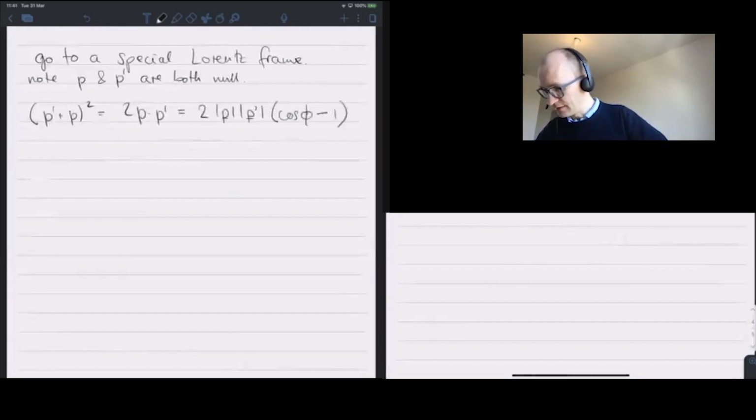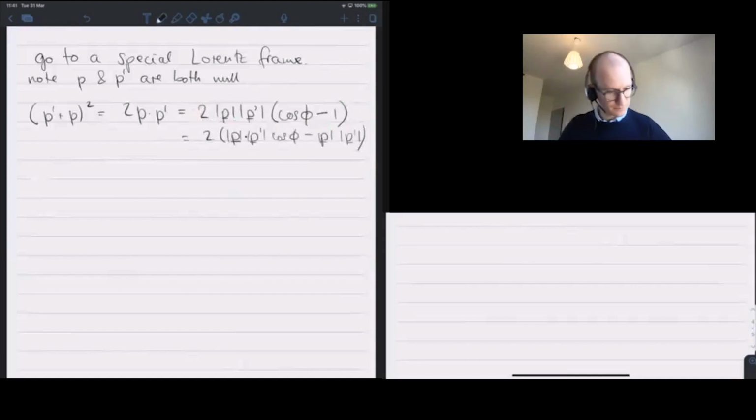Remember, this is just the zero component product minus the inner product of the spatial components, which is the lengths of these two times the cosine between them. Because they are null vectors, their zero components are just the lengths of the 3-components. So I obtain indeed just this expression here.